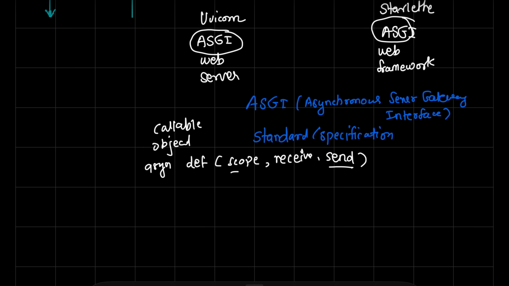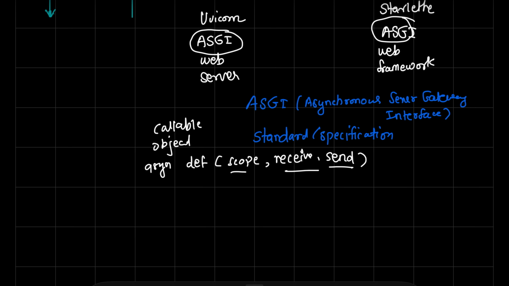They have scope, receive and send, three parameters, and receive and send are the important functions. Receive is used for reading the incoming request, and send is used to send back the response to the client or the server. Okay, so this was all about ASGI.